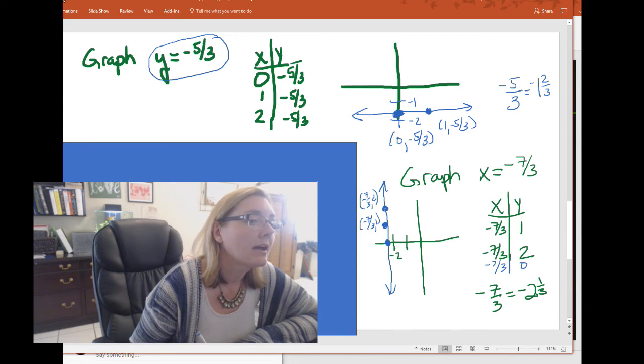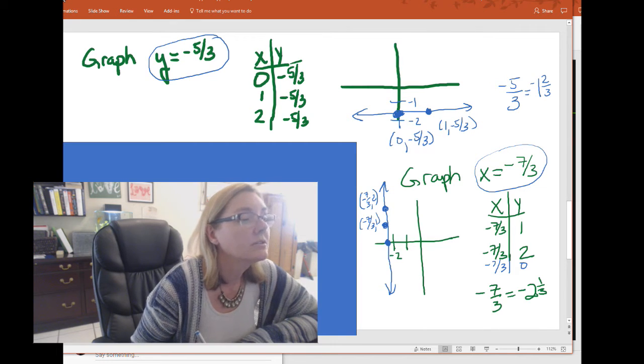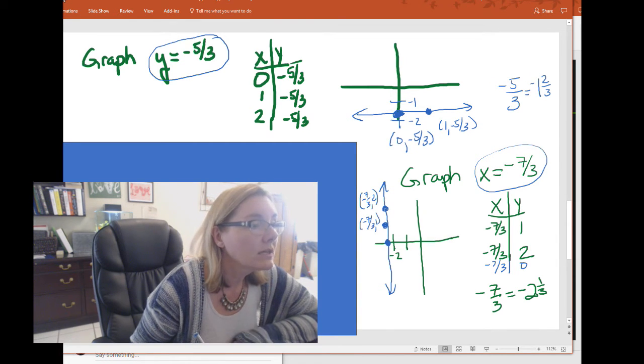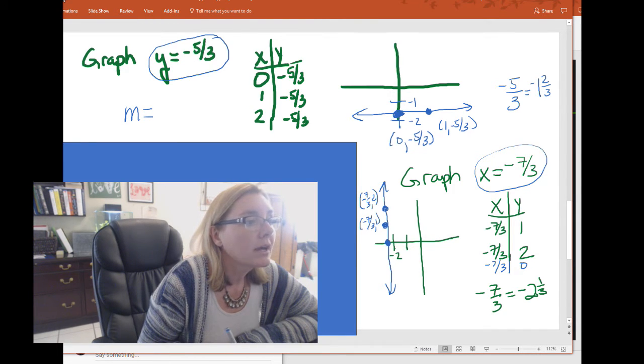Same thing if you're asked the slopes of a horizontal and a vertical line, you can try to memorize it, but don't worry, if you forget which one's which, you can always figure it out. Graph yourself a little horizontal line, and if you try to find the slope of it, when you subtract the two y values, you're going to get 0 in the numerator, and that means 0.